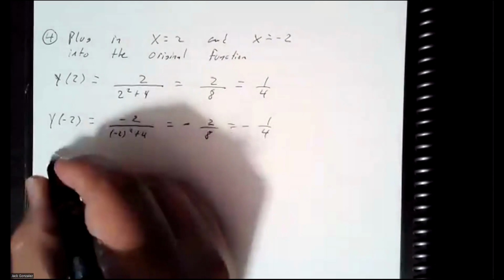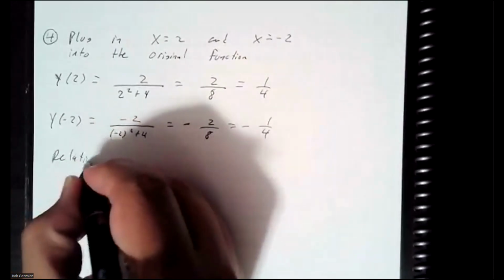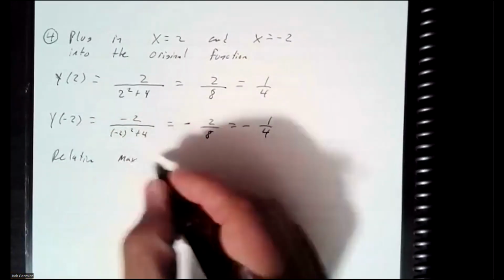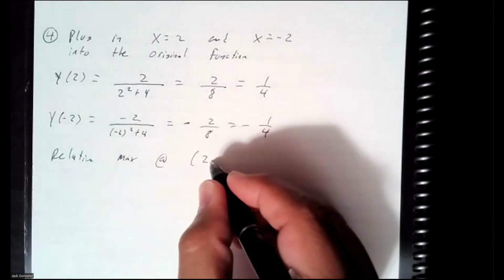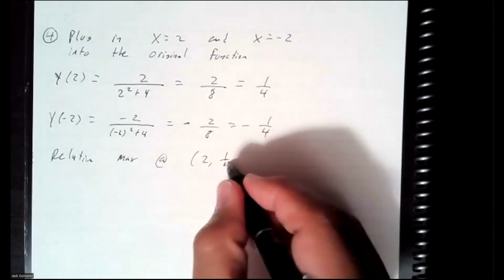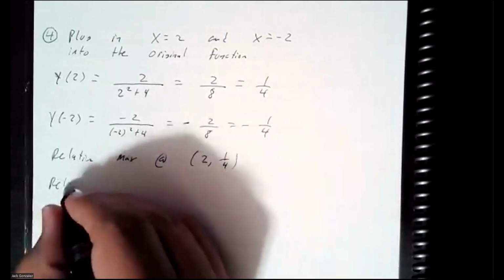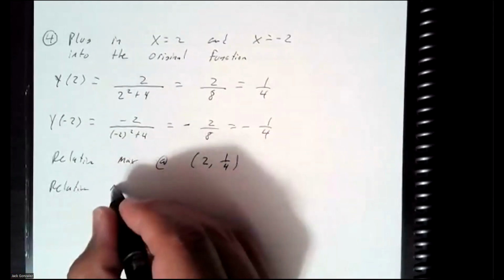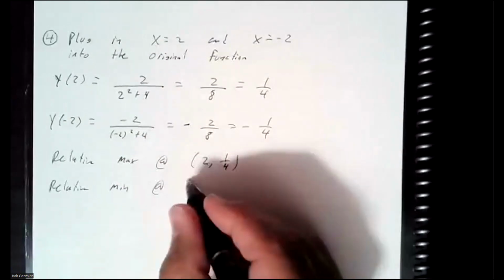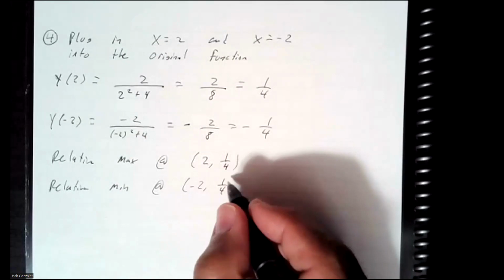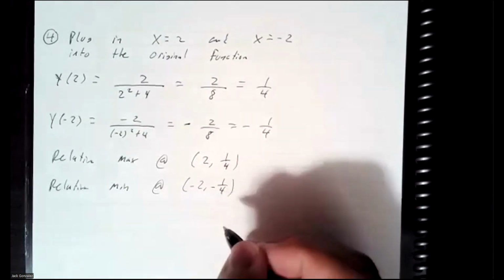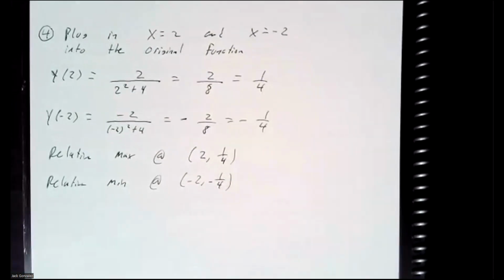All right, so relative maximum at (2, 1/4), relative minimum at (-2, -1/4), actually negative. Okay, so now we have all this information.